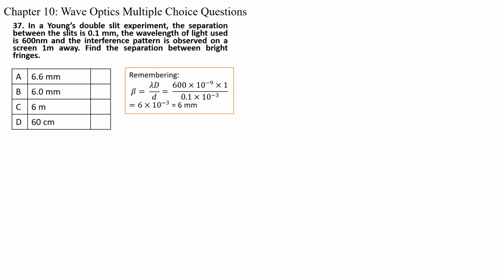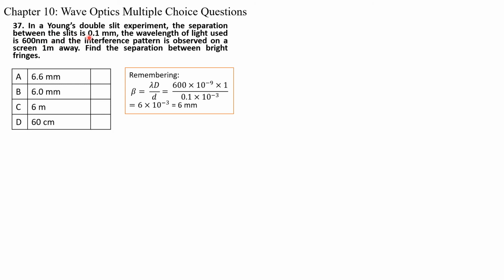In Young's double slit experiment, the separation between slits is 0.1 mm, that is small d is 0.1 mm. The wavelength of light used, lambda, is 600 nanometers.